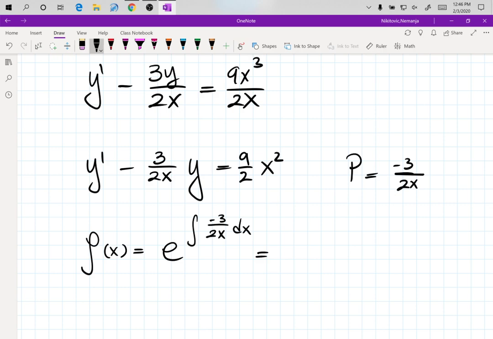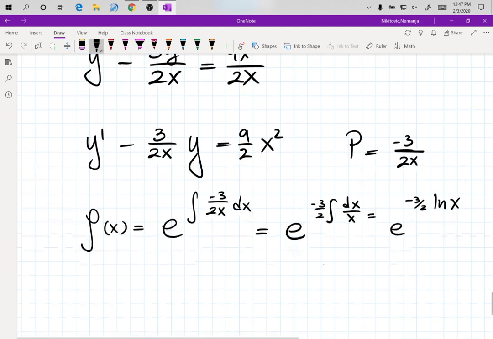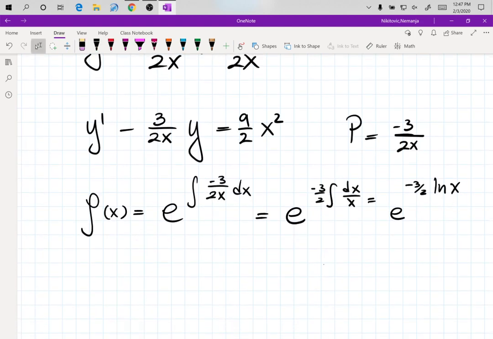So now I'm going to kick -3/2 in front of the integral because it's a constant, and then just have e to the -3/2 ln x. Well, first we shove the -3/2 as the exponent to x, and then e and ln cancel.